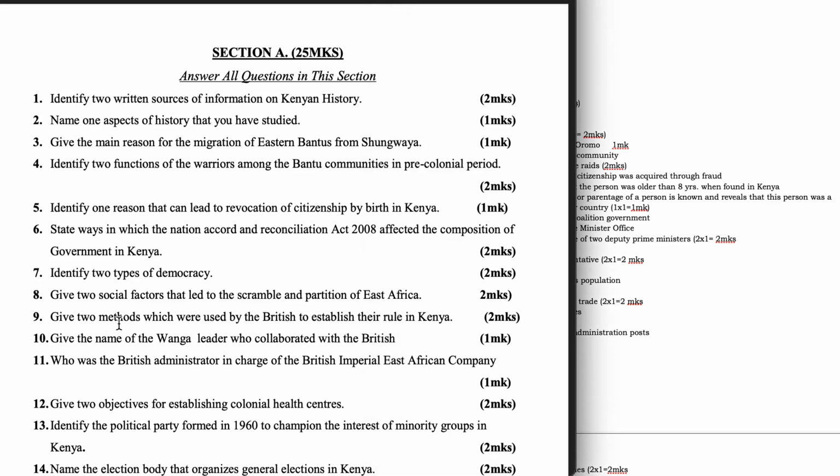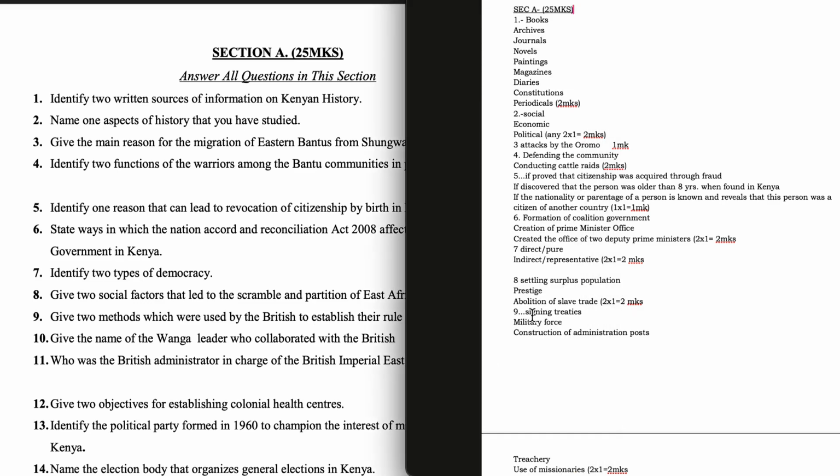Question 9. Give 2 methods which were used by the British to establish their rule in Kenya. Signing treaties, military force, construction of administration posts, treachery, and use of missionaries.